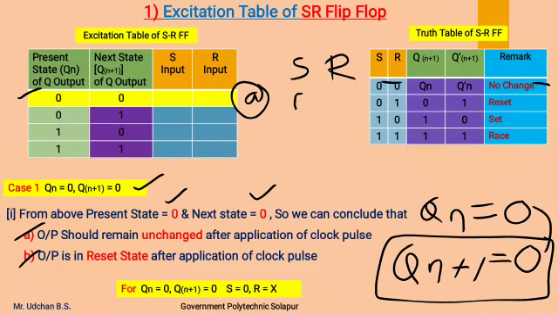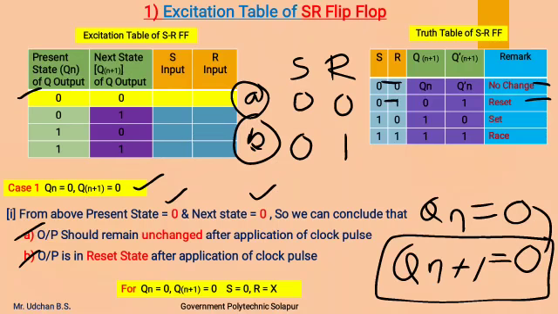So for our first conclusion, the value of S and R will be 0 0, whereas we have the second conclusion in which the output may be in the reset state. This is the reset state of the SR flip-flop, for which S and R are 0 1. S is 0 and R is 1.